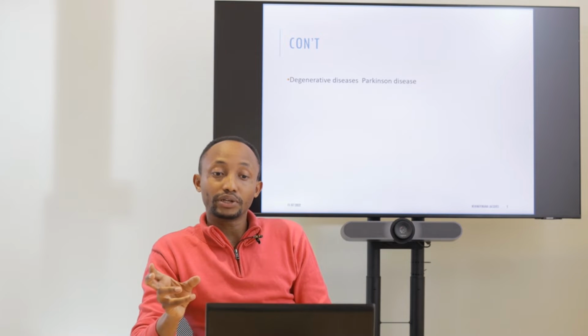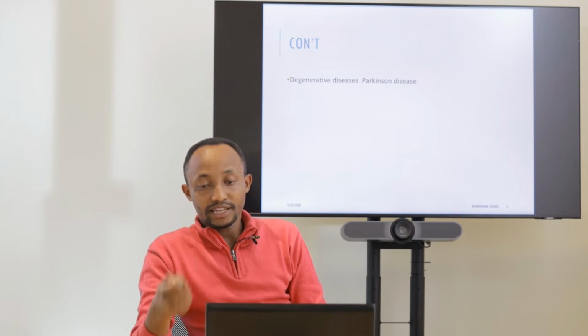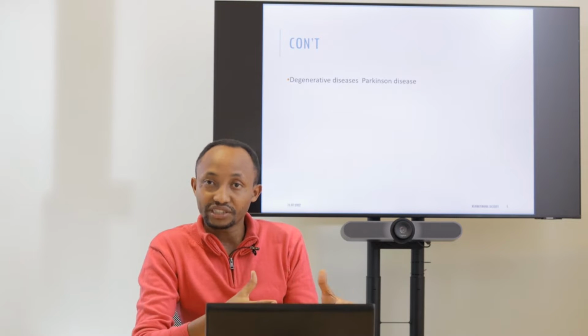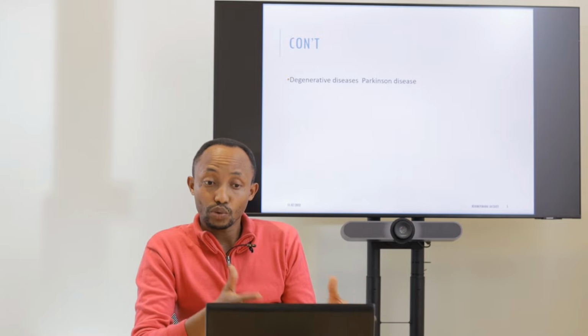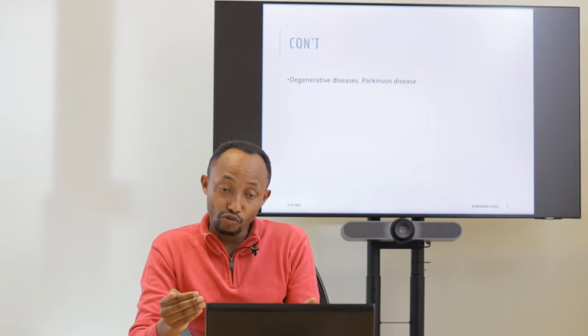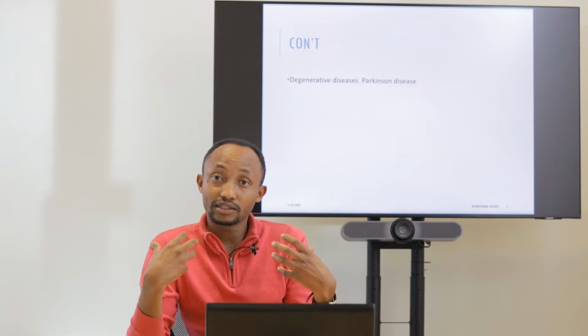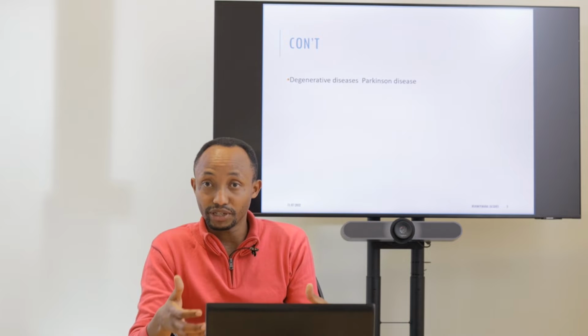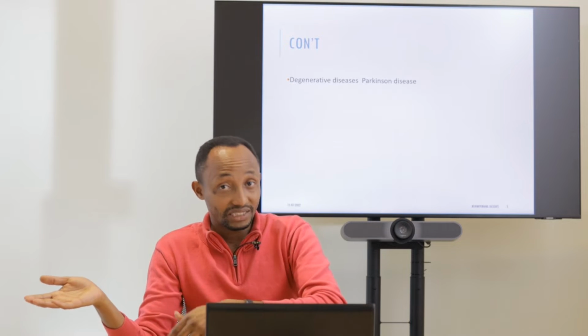That dopamine hormone is essential for the production of smooth, coordinated movement. Therefore, one with Parkinson's disease will present with slowness of movement and jerky movement and increased muscle tone. And those impairments I just mentioned will need rehabilitation.